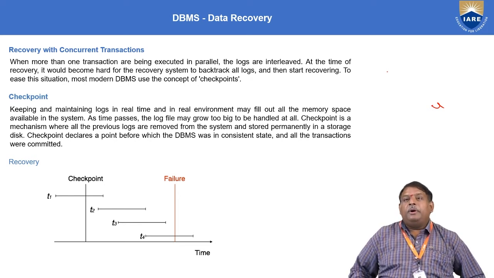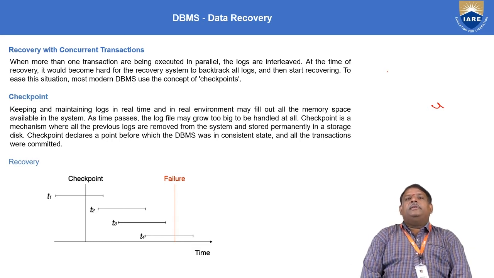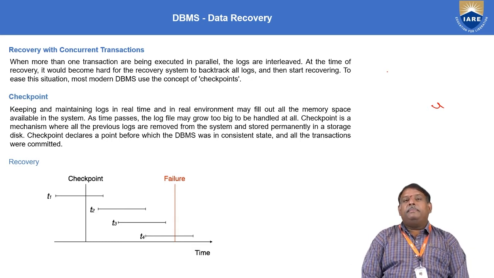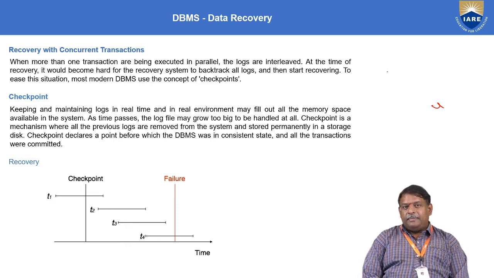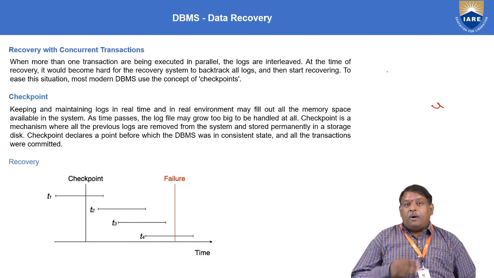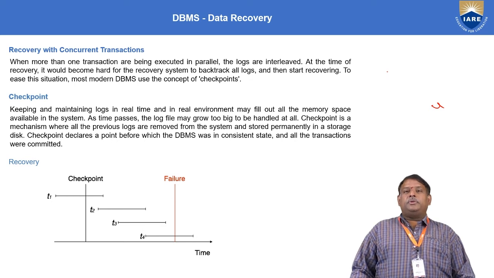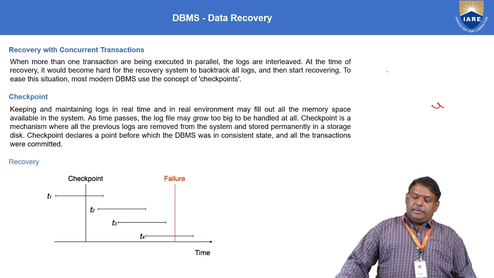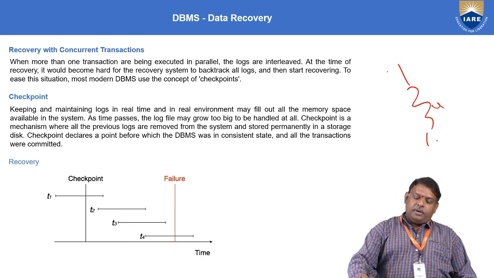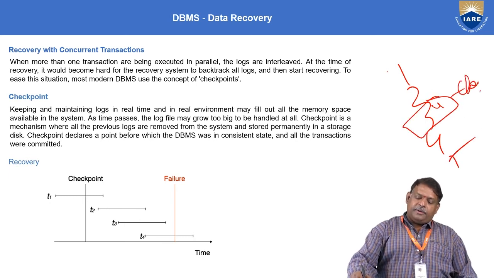So, the checkpoint is a mechanism where all the previous logs are removed from the system and stored permanently. See, suppose 1, 2, 3, 4, 5. You have taken a backup here, and this is the checkpoint.